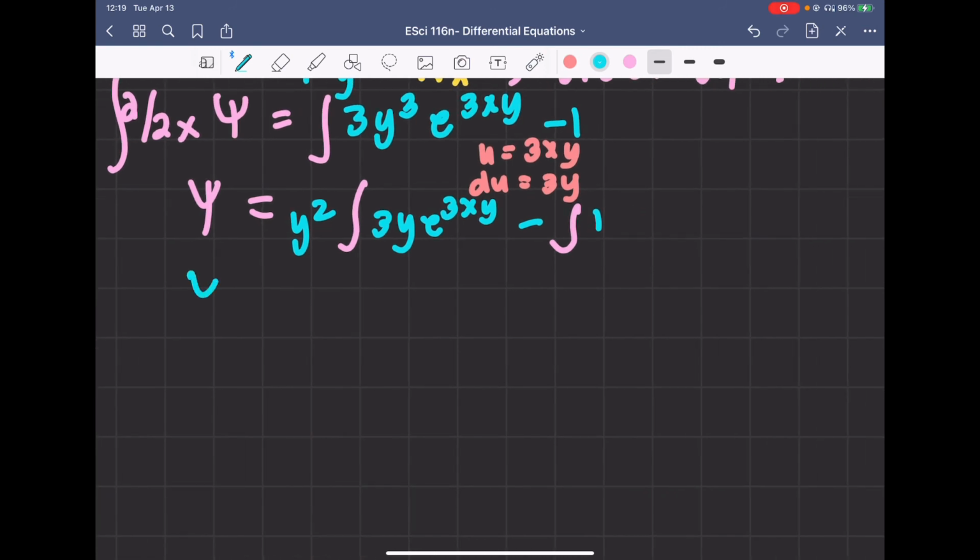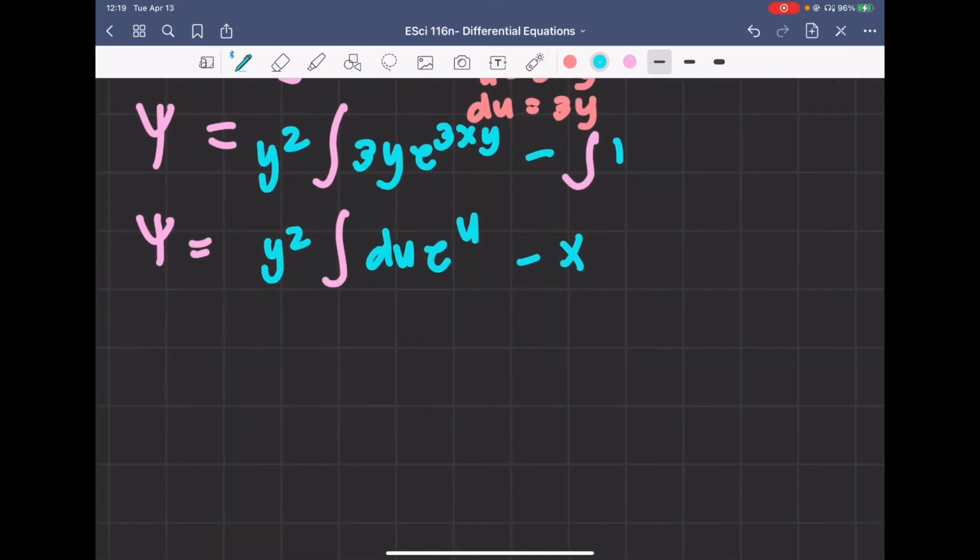So this is basically psi equals y squared integral of e^u du minus x, because that's the integral of 1.